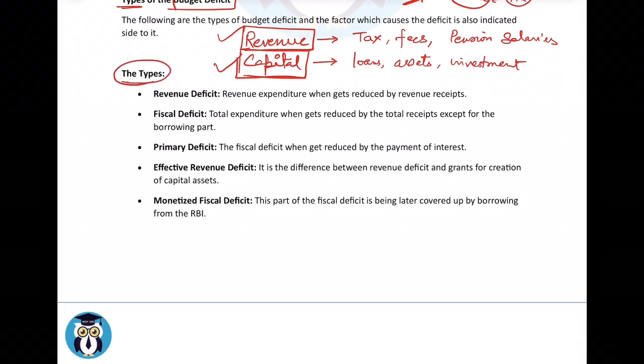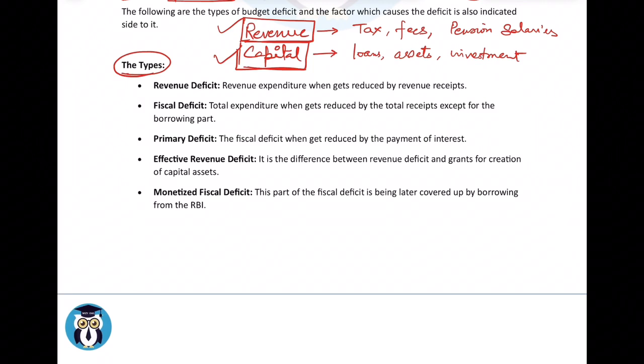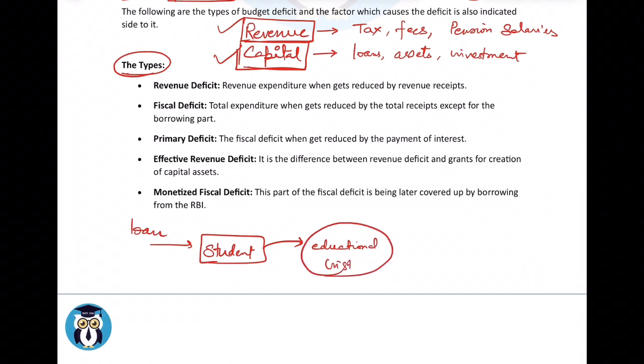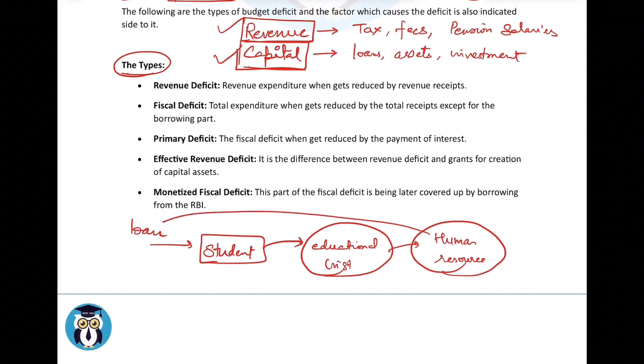Why deficits in budget? Just like a student having fewer financial resources takes a loan, goes into an educational institute, builds better human resources, becomes more skillful, and then pays back the loan to the bank.